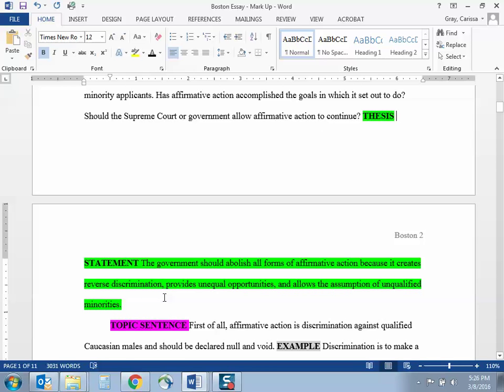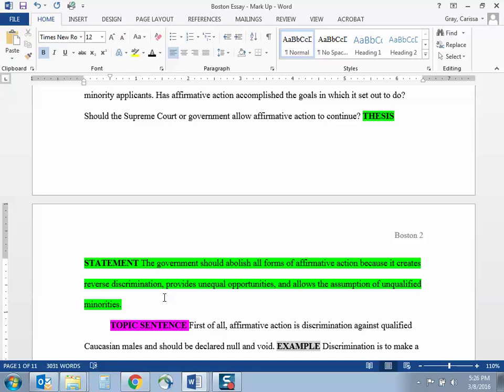Let's read LaWanna's thesis statement. The government should abolish all forms of affirmative action because it creates reverse discrimination, number one, provides unequal opportunities, number two, and allows the assumption of unqualified minorities, number three. Now, you may not know what affirmative action is.